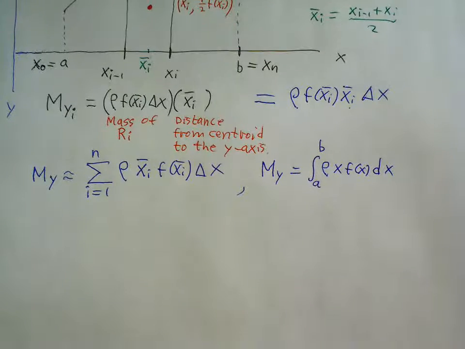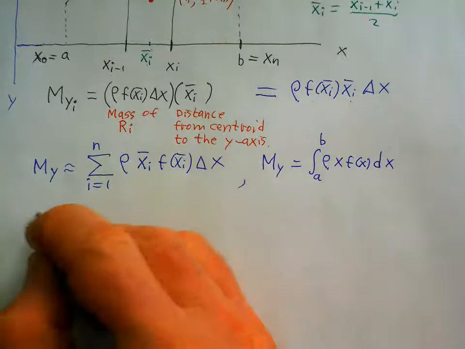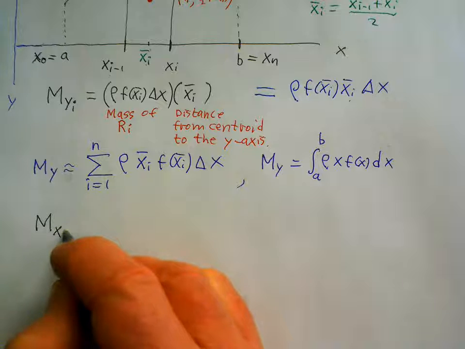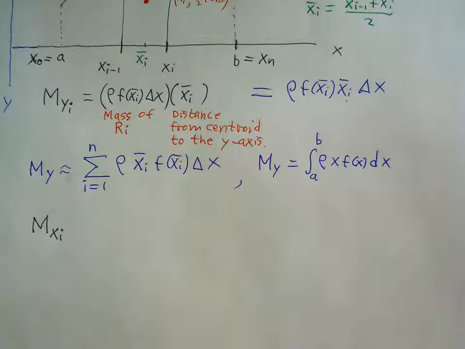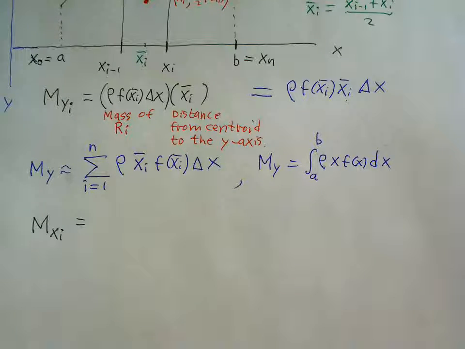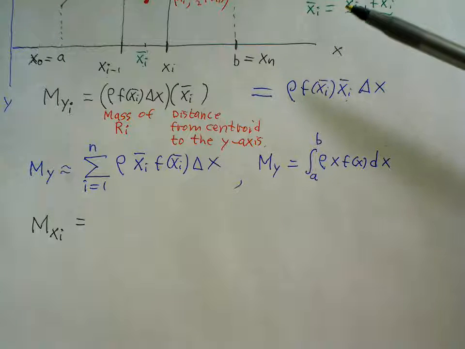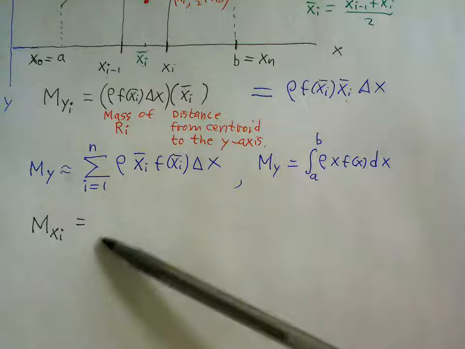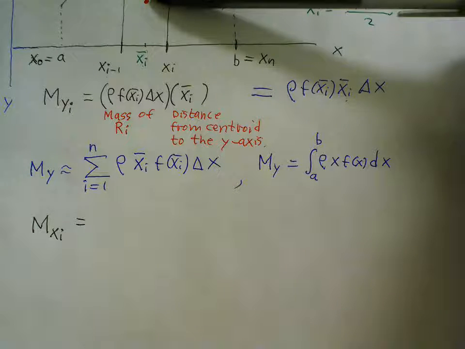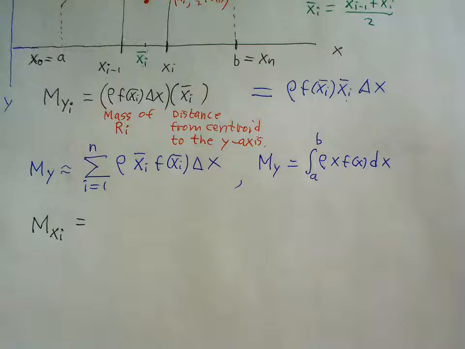Okay, what about the moment of the rectangle about the x-axis? Well, each of the terms is a mass multiplied by the distance that the centroid is from the x-axis.